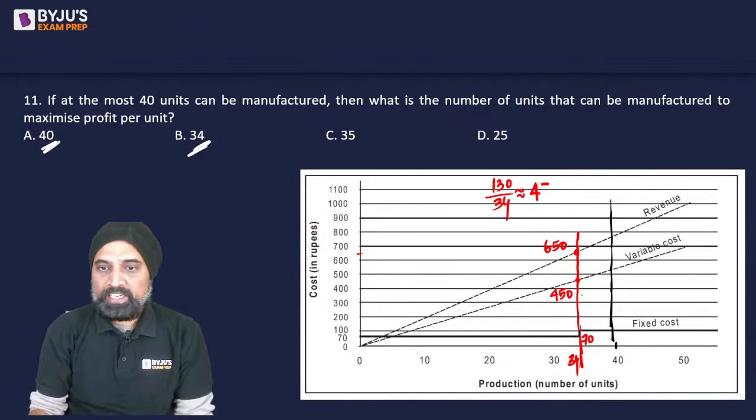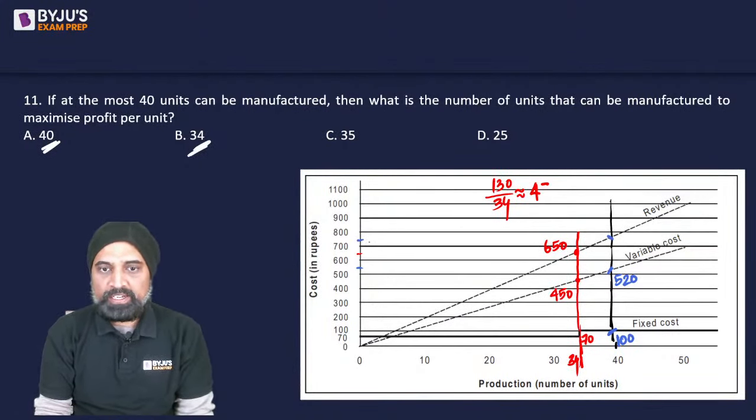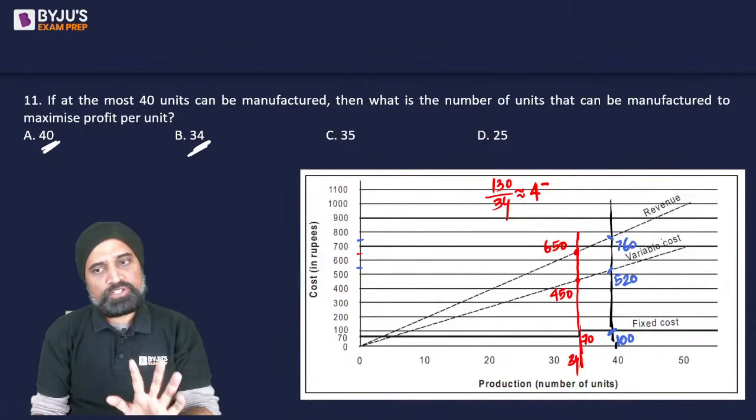So for 40, we can see that the fixed cost is 100 and the variable cost is between 500 and 550. So I'll take this as 520 to make the calculation easier. I'm not taking 525. If I look at the revenue, this is between 750 and 800. So I'll take this as 760 to make the calculation easier.